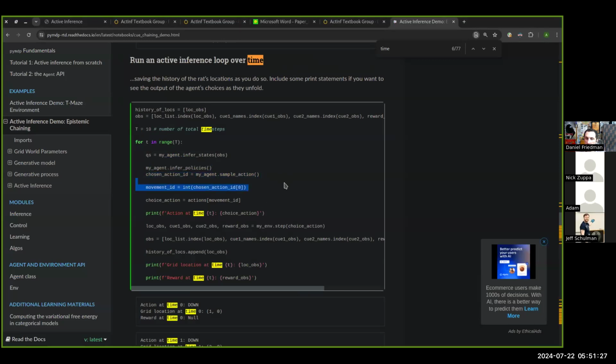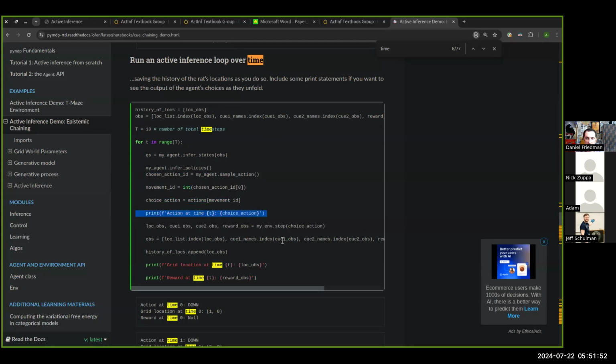The movement, the chosen action, is kind of locked in. Even though there was a probability distribution over the 5 options for movement, eventually one of them was selected, and this just clarifies which integer it was. Was it 0, 1, 2, 3, or 4? Then the implications of that action occur.